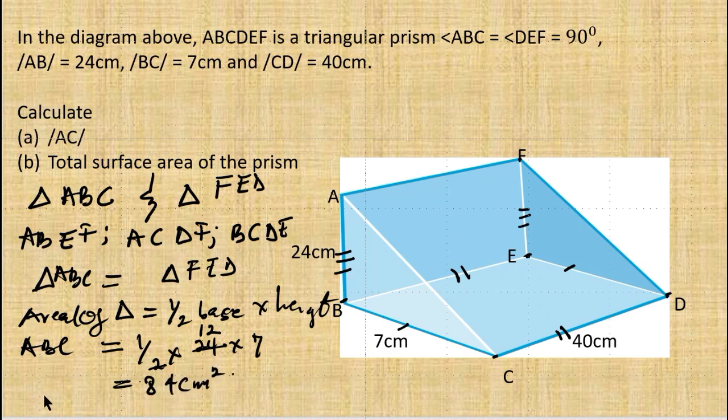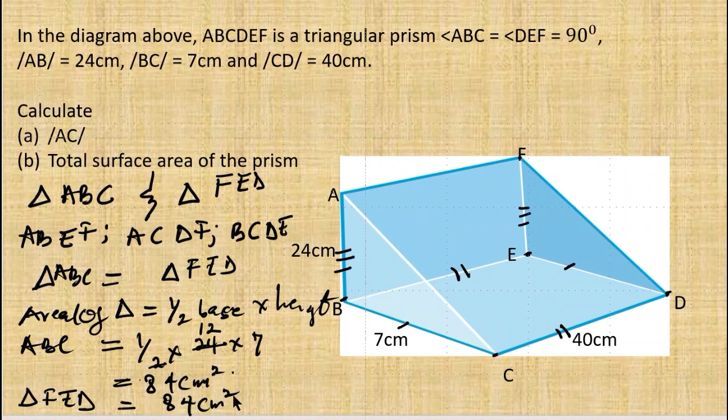Now know that the area of FED is equal to that of ABC because they are equal triangles. So the area of FED also will be equal to 84 centimeter squared. So we have defined two of the areas, for ABC and for FED.